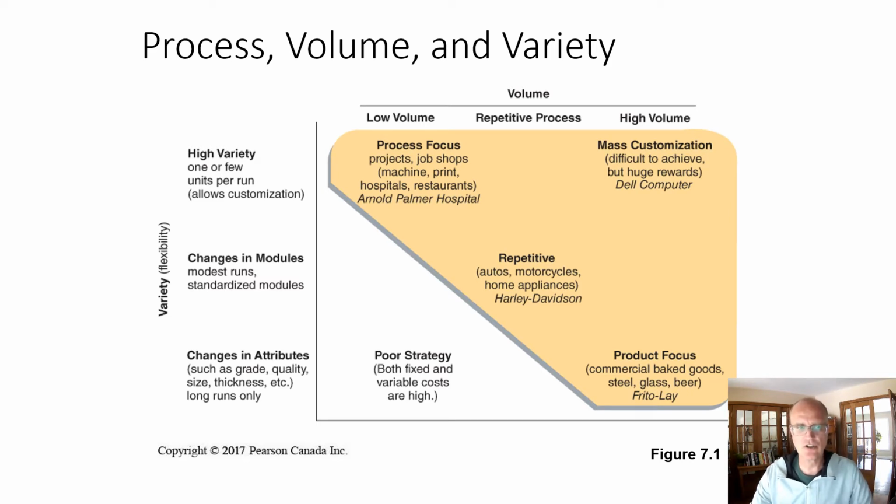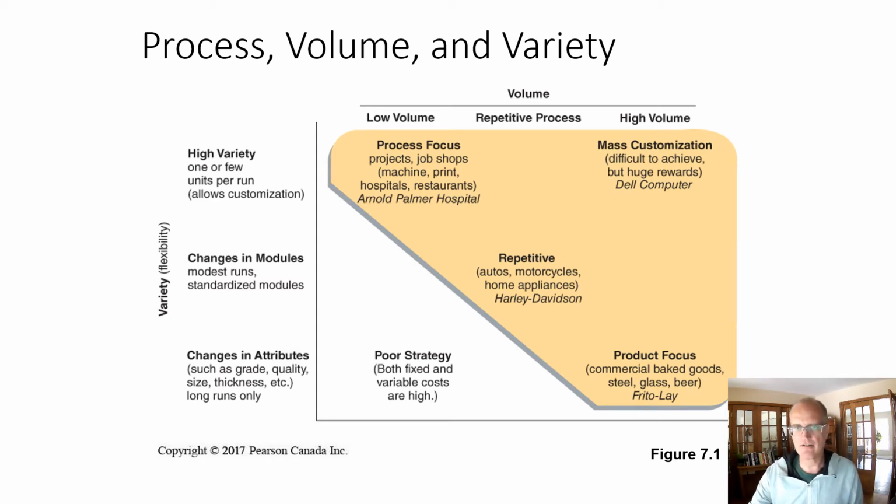So is there high variety, or is there a lot of individualization or customization in each item, or is there lower variety, where we can just do lots of units of the same type of product over and over and over again?